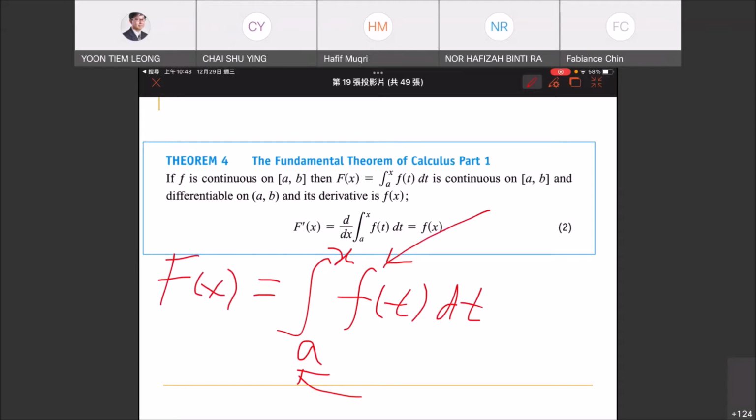Give me a small function f, you integrate it from a to x, that will define a new function which you call the capital function F.